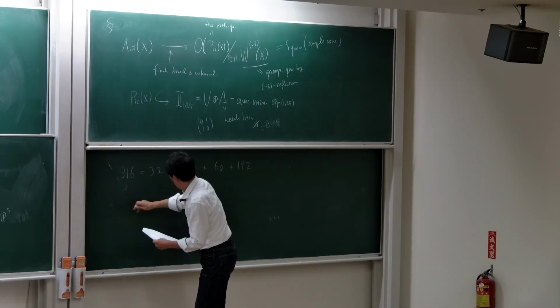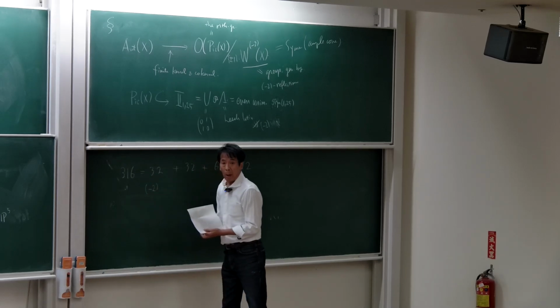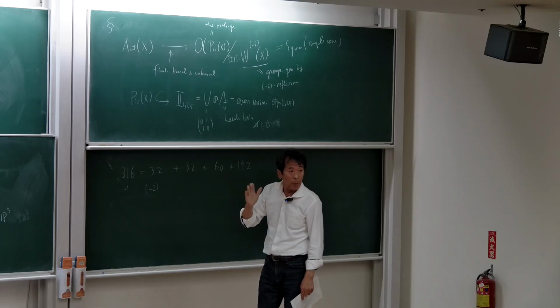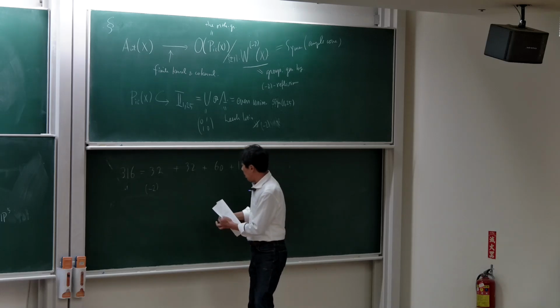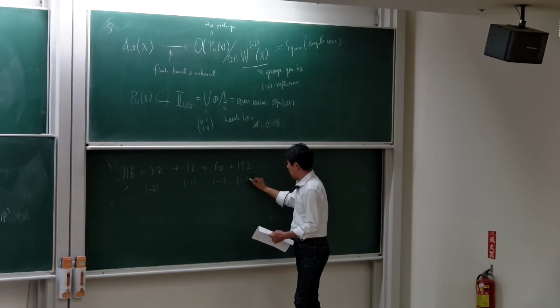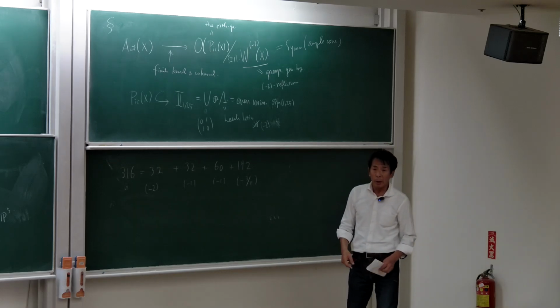The first ones are defined by minus 2 vectors, so the hyperplane perpendicular to this minus 2 vector. And the second ones are minus 1, minus 3 over 4. So now you understand.